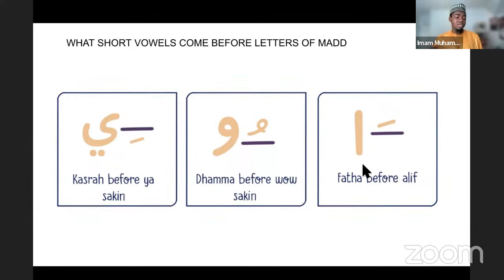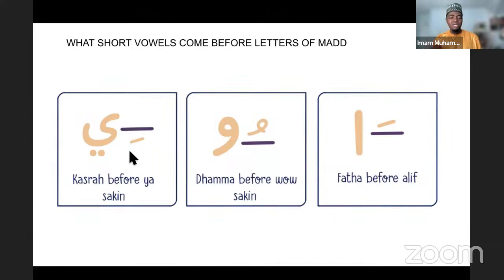But naturally, mad letters work this way. For a letter to get elongated with an alif, it needs to have a fatha. A letter to get elongated with a waw needs a dhamma on top of it as a short vowel sound. If a letter will be elongated by a ya, it will have a kasra. So if you are pronouncing the Quran words and you see a letter that's sakin, an alif sakin, a waw sakin, a ya sakin.